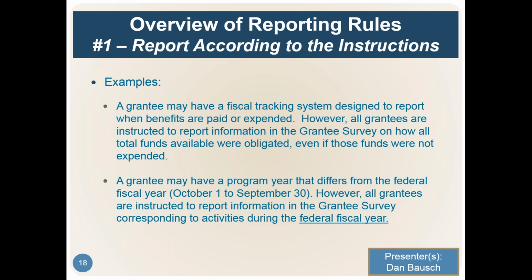We're going to talk more about that. The second example is one Melissa just mentioned, which is if you operate your program on a different fiscal year than the federal fiscal year from October 1st to September 30th, you're still instructed to report information in the grantee survey that corresponds to the activities for the federal fiscal year.